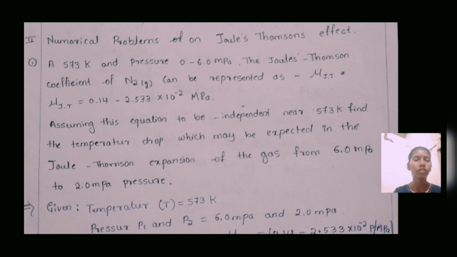Assuming this equation to be independent near 573 Kelvin, find the temperature drop which may be expected in the Joule-Thomson expansion of the gas from 6 megapascal to 2 megapascal pressure.